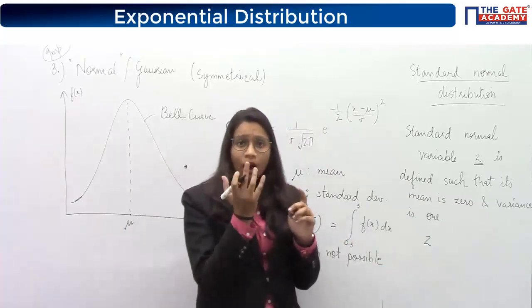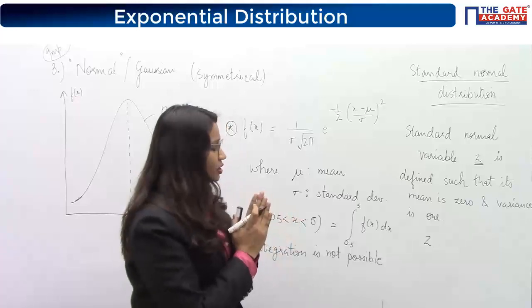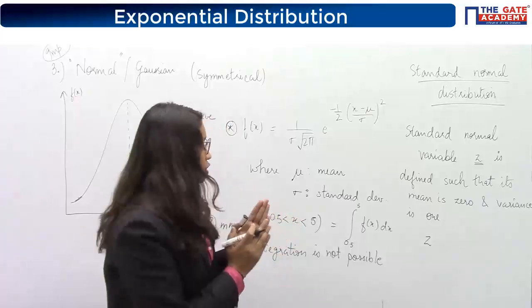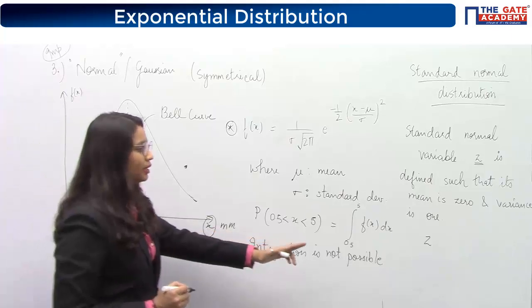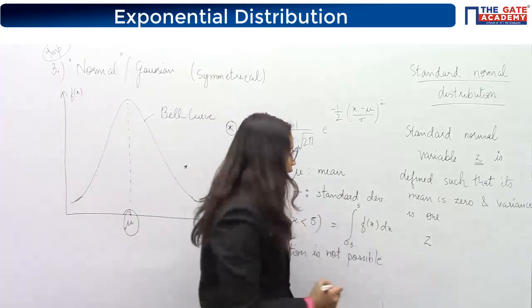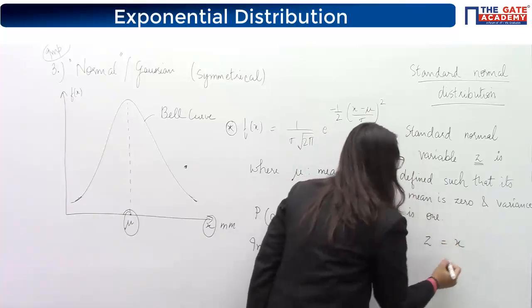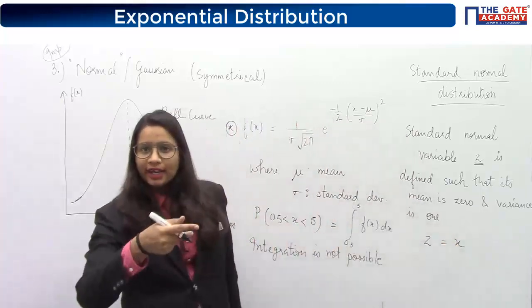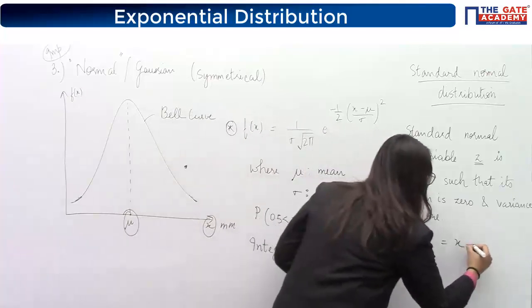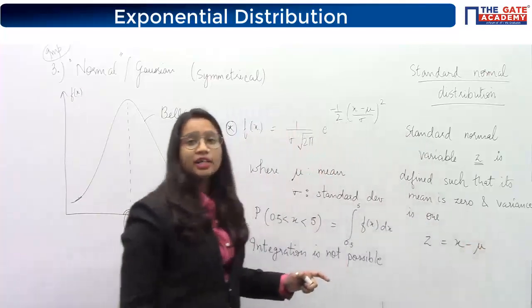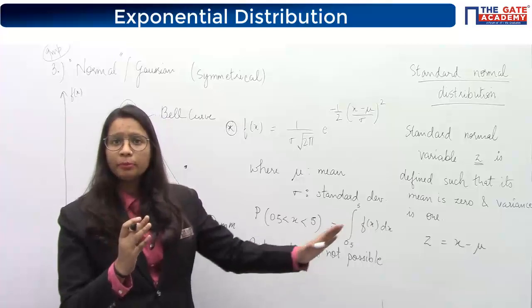Okay, so how to find out that relationship? First of all, we should know that the mean of x is mu, while the mean of z is 0. So if I want to build up a relationship between z and x, then first of all I should subtract the mu value from every x.